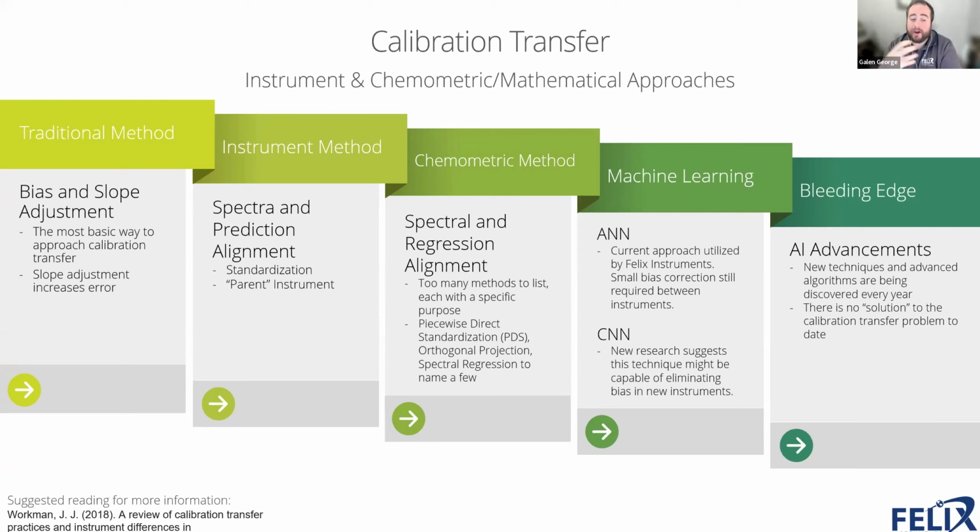The first step that most people do, especially us manufacturers of the instruments, is more hardware based. So we're actually looking at instruments, different spectrometers, and we're performing lots of tests where we're testing standard targets, and we're looking at the spectra, and we're ensuring that the spectra are all aligning correctly.